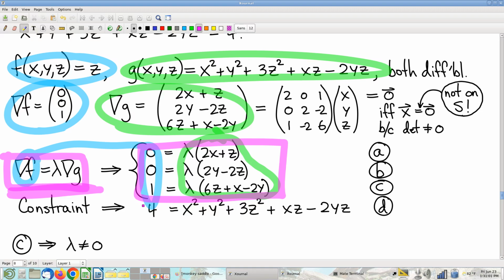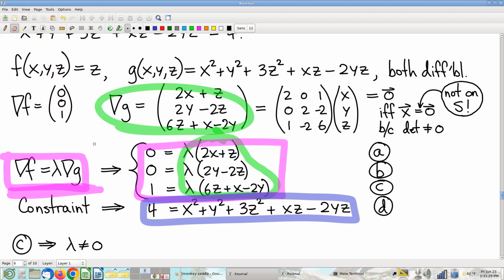Now I also wrote down, you'll notice, let me do this in a different color, I also wrote down this equation right here. Why did I write down that 4th equation? Same point as before. I'm only interested in points that are on our constraint set. I don't have any need to eliminate points that aren't on our constraint set because they're not even on our constraint set. They were never contenders in the first place. So same point. So really what I need, it's not just points that satisfy this purple system.